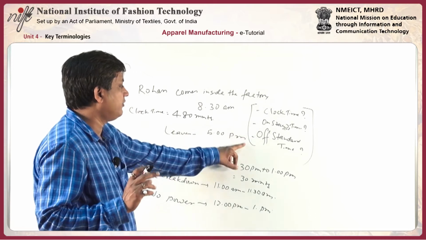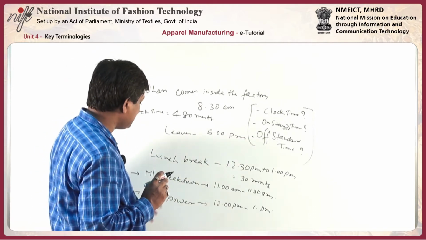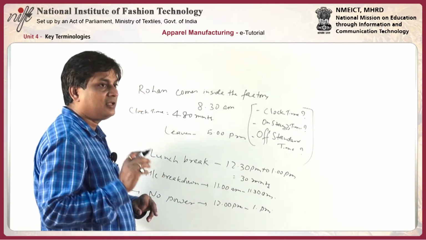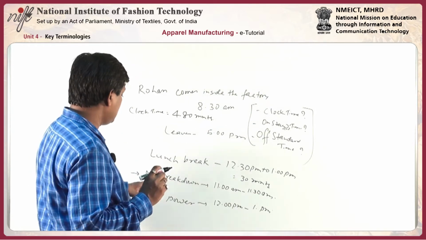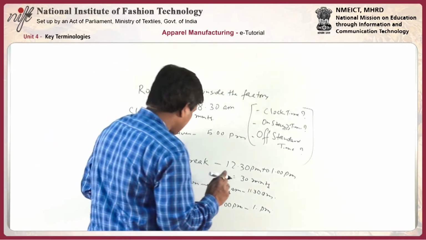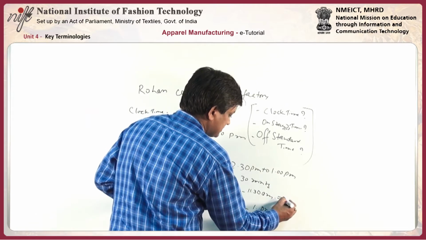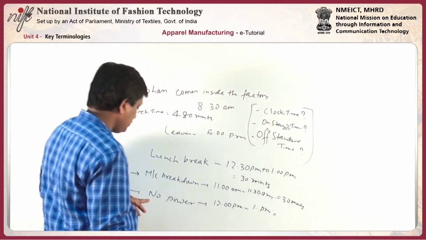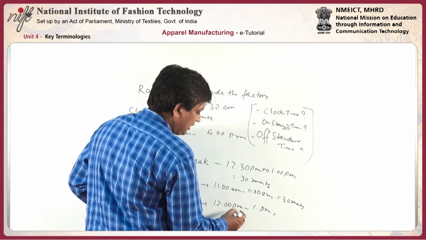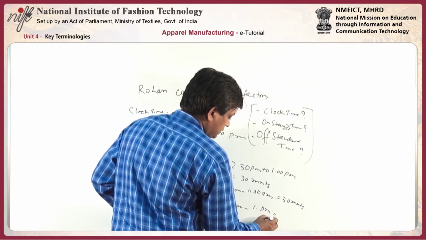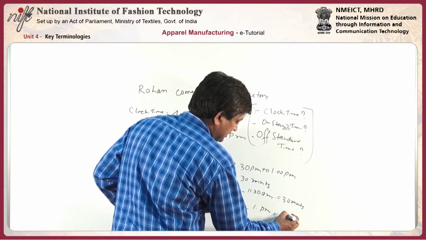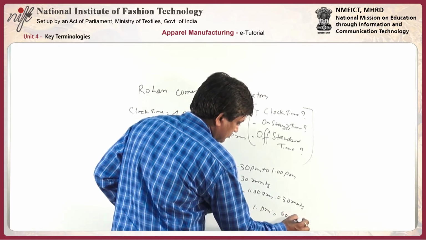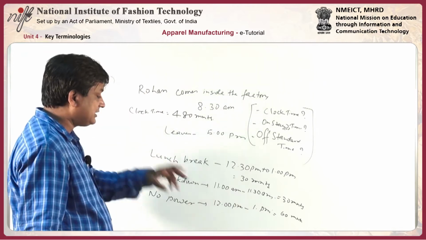Now we will calculate the off standard time. Off standard time is basically the time where unproductive work has been done. So machine breakdown is 30 minutes, and no power is from 12 p.m. to 1 p.m., so that is 60 minutes.